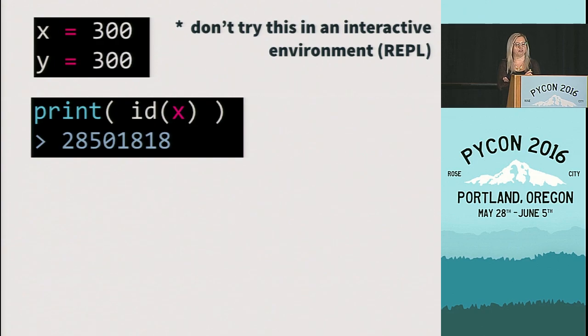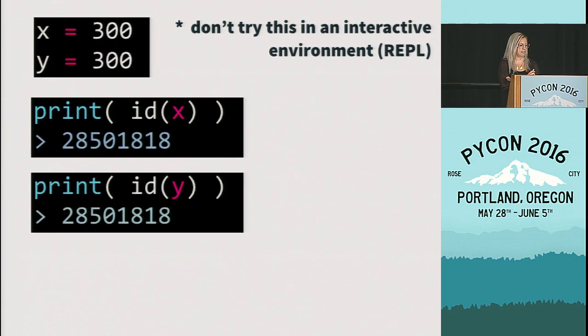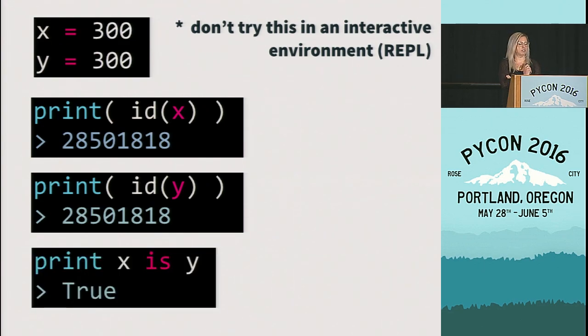If we compare the memory location of x and y, we'll see that it's the same. I can also ask Python, does this object live in the same memory location by using the is keyword? So if I ask Python, is x, y, I'll see that it's true.